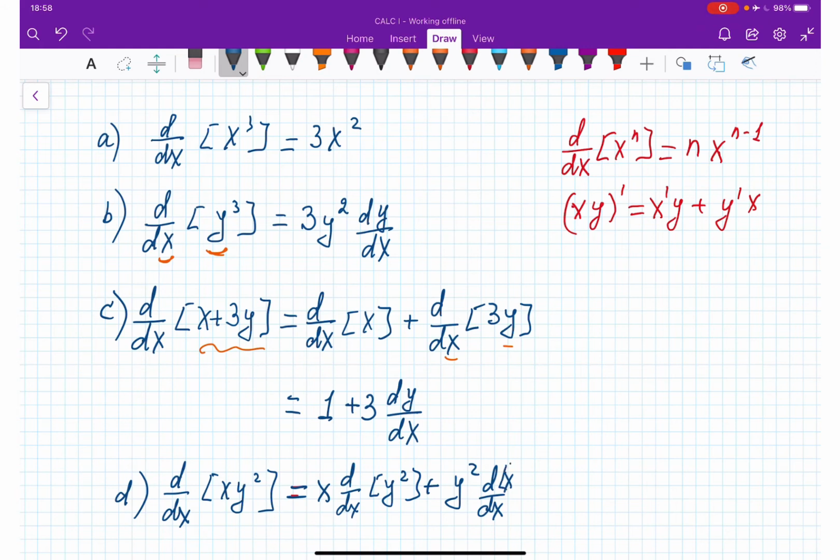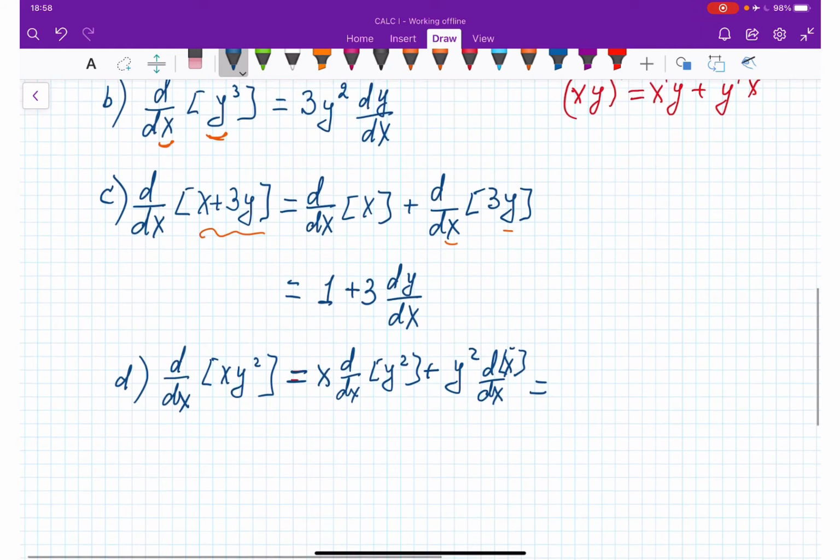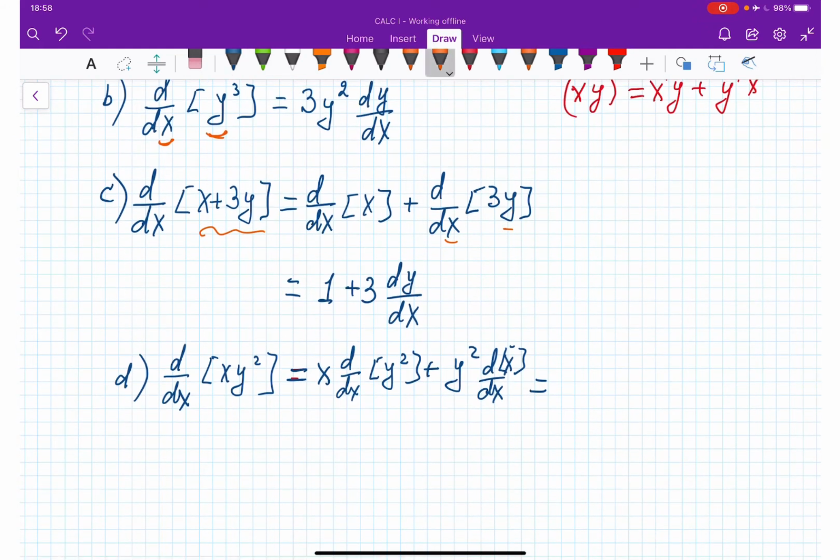On the first term, x is out of the derivative, so it's going to be x times the derivative of y squared with respect to x, which is 2, and then y stays under the derivative, dy by dx.